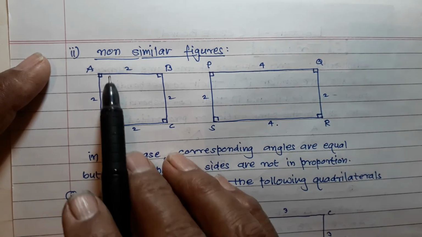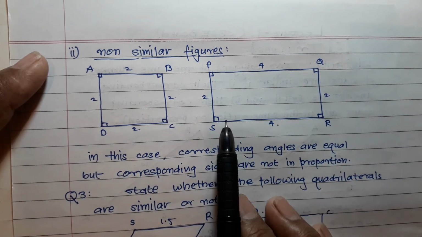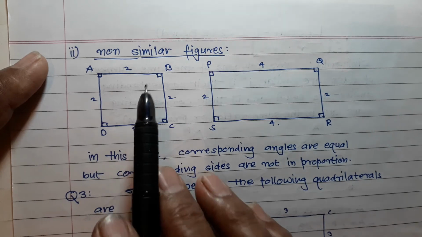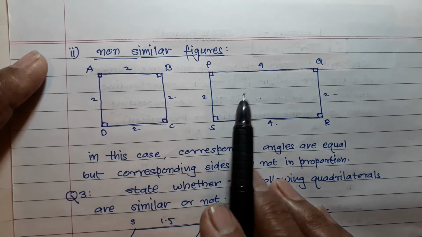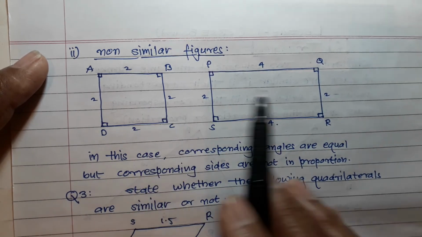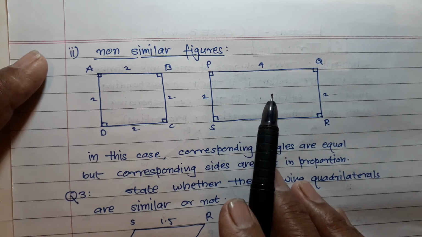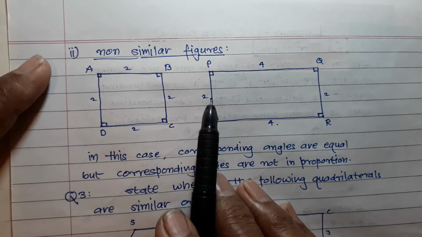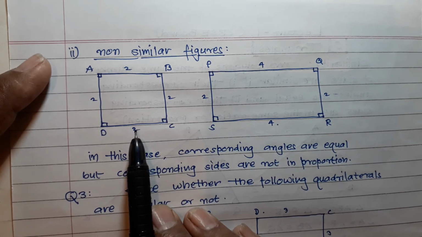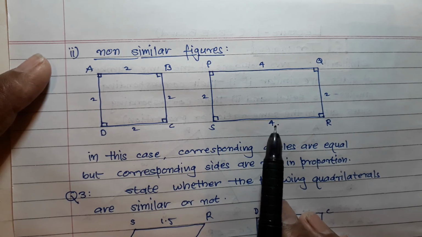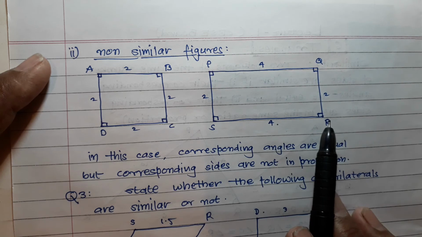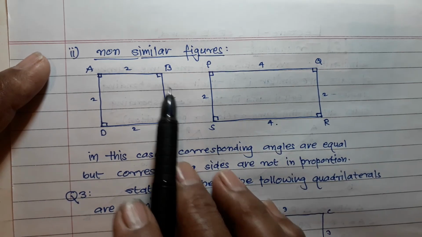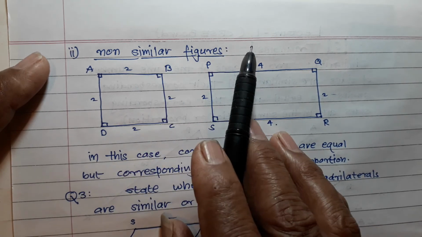Now in this case all angles are congruent, means each is of 90 degrees, means corresponding angles are equal in this case, but their sides are not in proportion, because this is equal to 2, this is equal to 2, but this is equal to 4. So this is the length of the rectangle, and hence these two figures are non-similar figures. Okay.